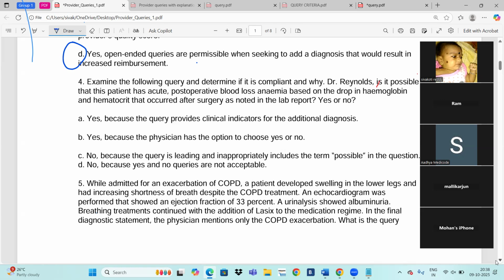Next, examine the following query and determine if it is a complaint and why. Dr. Reynolds, it is possible that the patient has acute post-operative blood loss anemia based on the drop in hemoglobin and hematocrit that occurred after surgery as noted in the lab report. Yes or no? What type of query do we need to raise here?